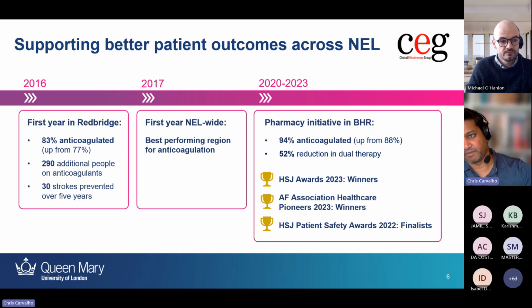So when it was expanded to BHR, the anticoagulation rate increased and the reduction in dual therapy improved through a joint piece of work with pharmacists. And so, as I said before, this isn't a plugin, but something that works alongside people within their practices and how they work. And that was what was recognised through the HSJ and the AF Pioneer Awards.